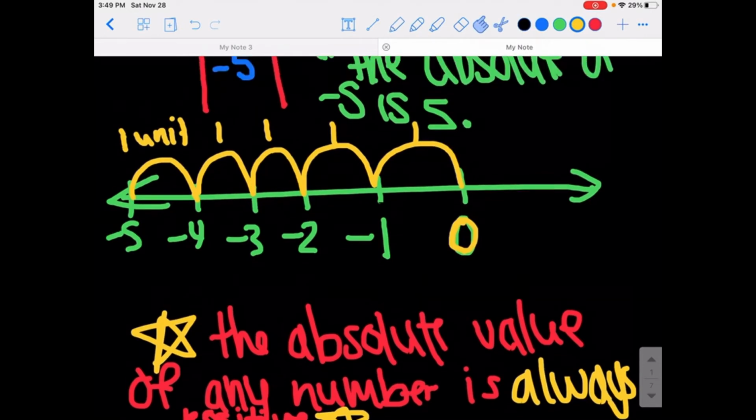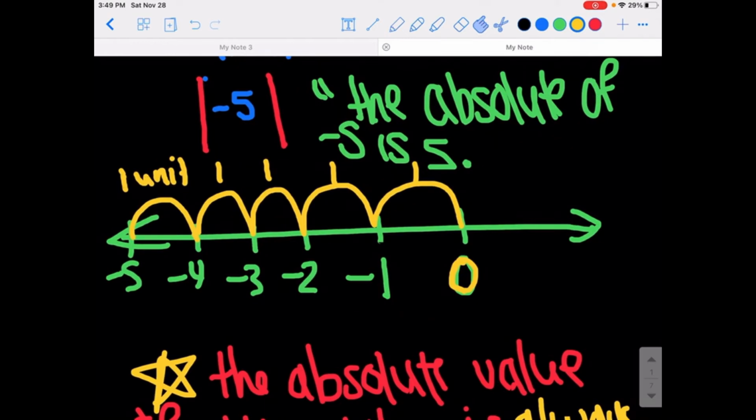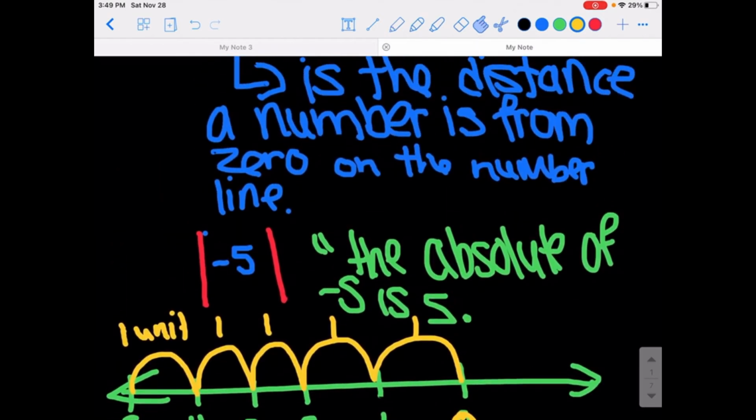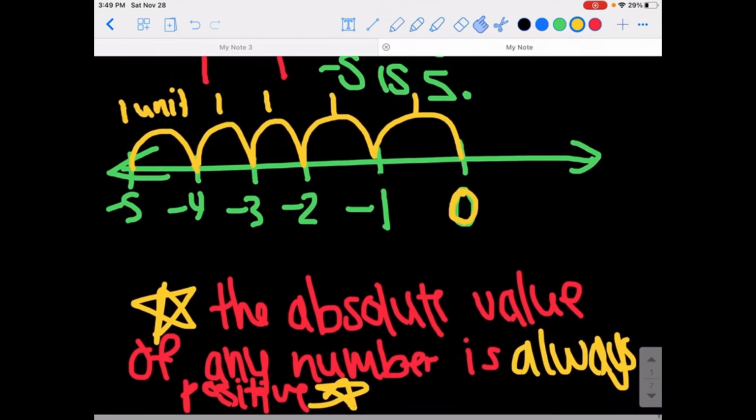You can't be negative units away from 0. It's just how many units. You can't have a -1. Whatever number you start with, positive or negative, it's always going to be a positive number. So now we will do some examples.